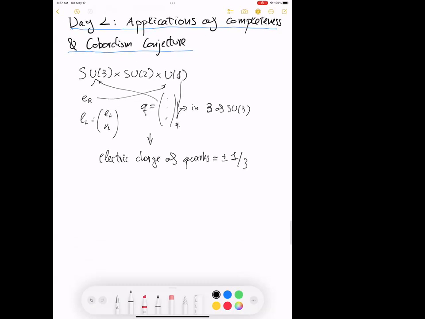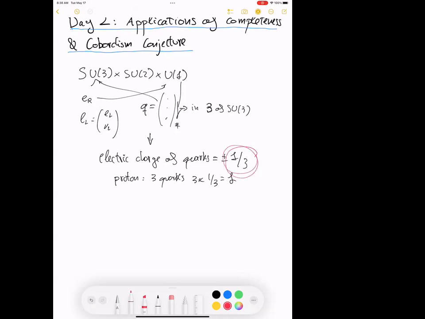And this is good because, for instance, a proton has 3 quarks, so it has an electric charge of 3 times 1/3, which is 1. Now, this is all high school physics even.